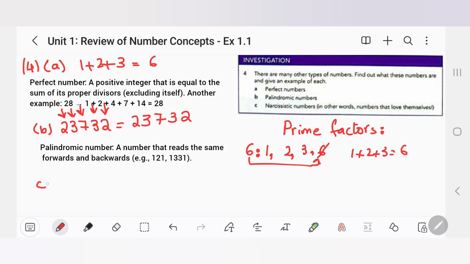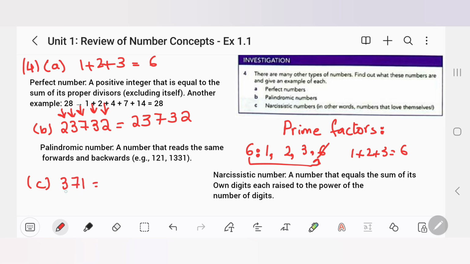Then we have the narcissistic numbers. What are those numbers? These numbers are very self-loving numbers, right? How are they formed? For example, if I take the number 371, how is this number formed?